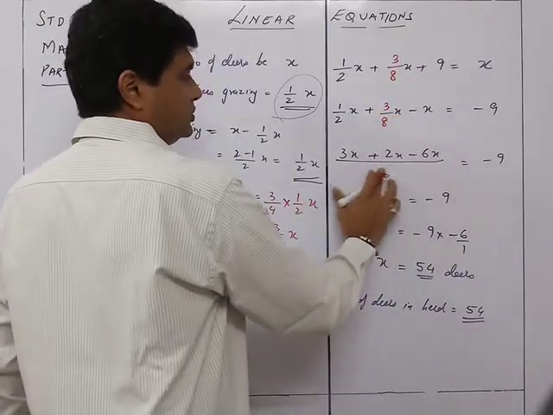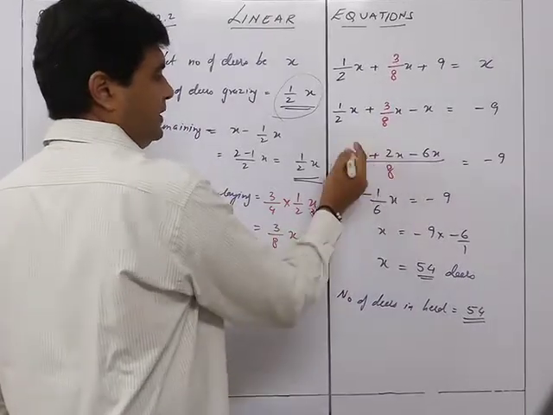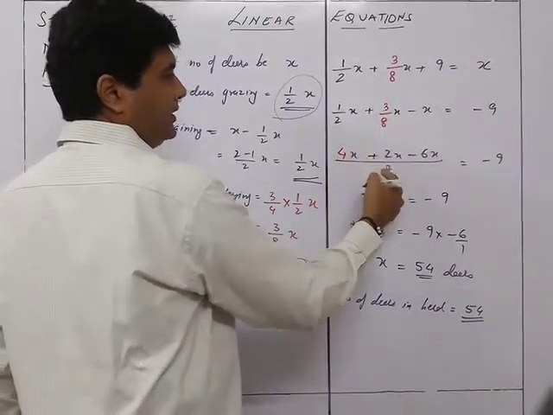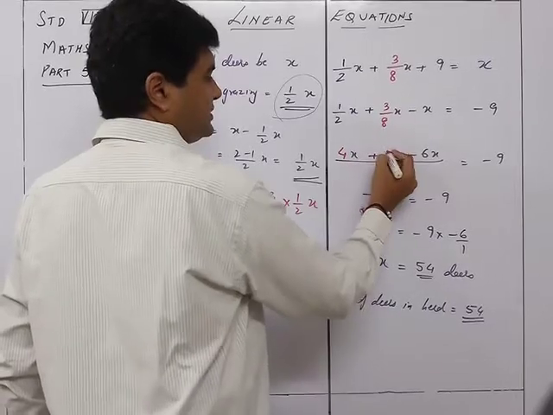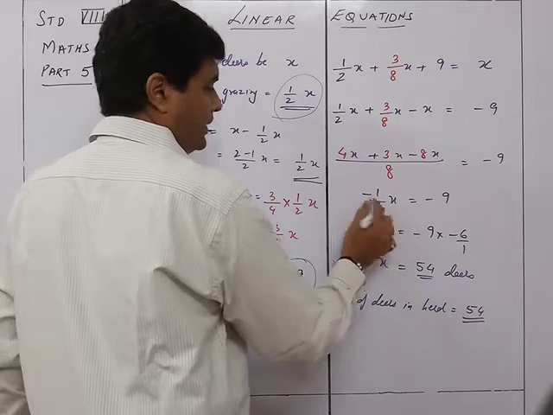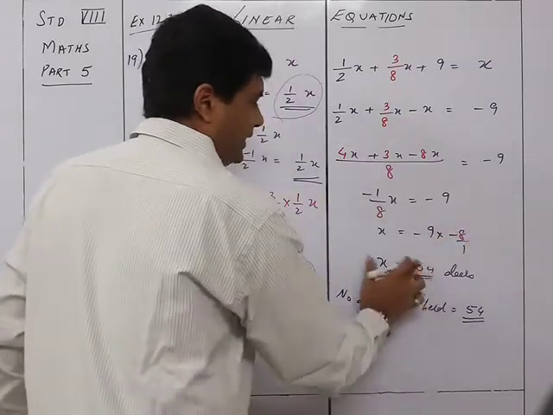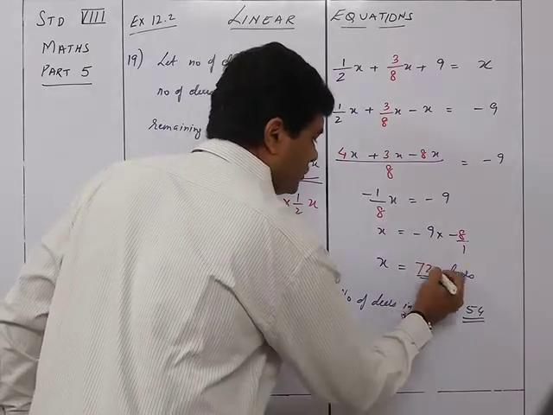So this will become 8 over here. Now over here will be 4x, and here it is going to be 3x, and here it will be 8 over here. So this will be 1 upon 8, this will be minus 8 upon 1, and hence the answer will be 72.